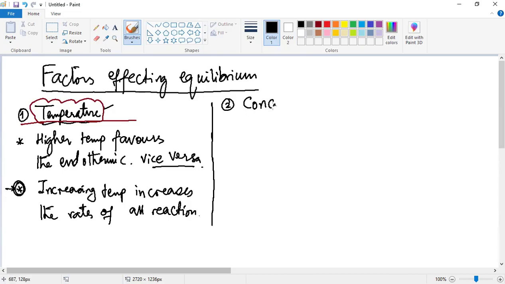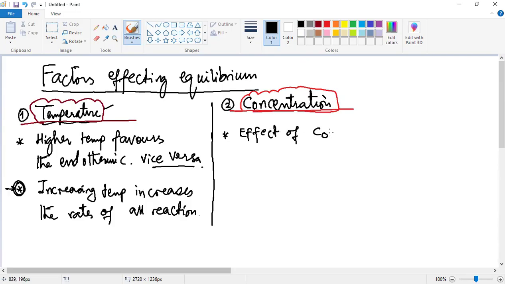Now the effect of concentration is specific according to the side. I mean, if the concentration of reactants is increased, the forward reaction becomes faster. But if the concentration of product is increased, then the left-hand side or backward reaction becomes faster. So the effect of concentration is specific to the reactants or products accordingly.